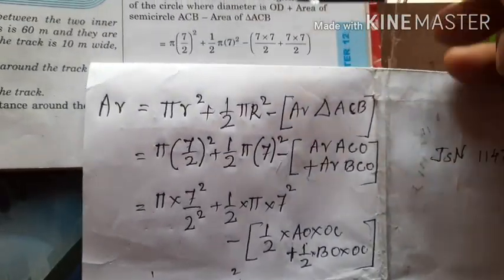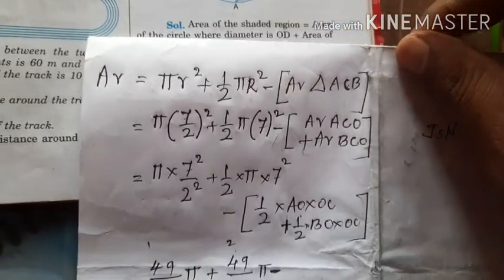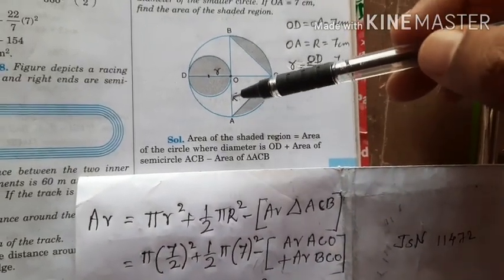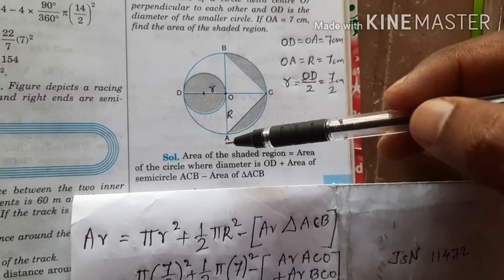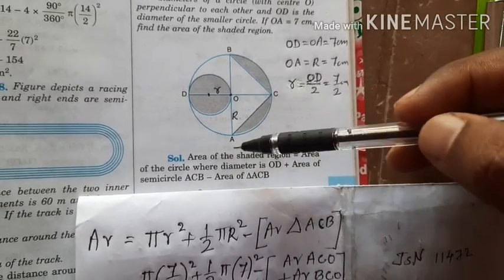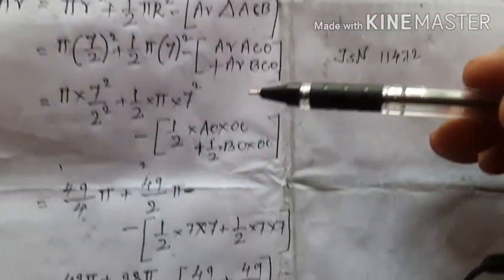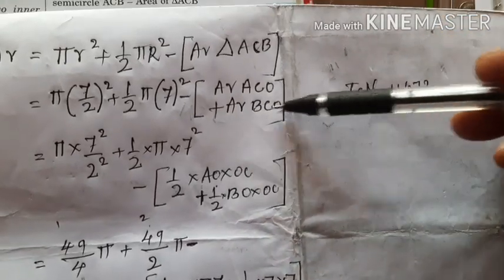Therefore, it is half into AO into OC. Is it clear? For triangle ACO, I take the formula half into base into height. Here base is 7 centimeter, height is also 7 centimeter. That is why it is half into AO into OC plus area of BCO.